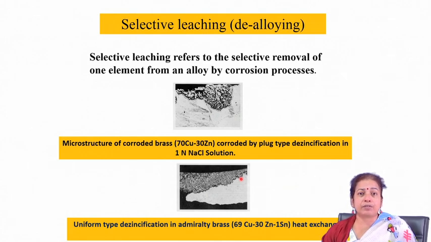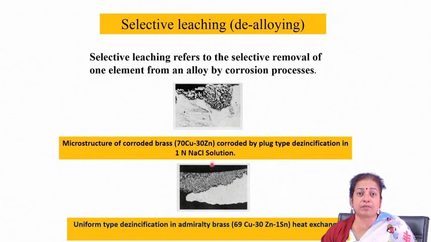This is again observed in Admiralty brass subjected to a typical water environment where the pH was a little higher. So, different types of selective leaching behavior are observed in different alloys.